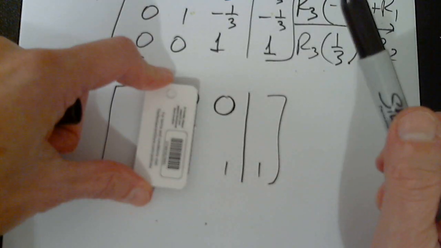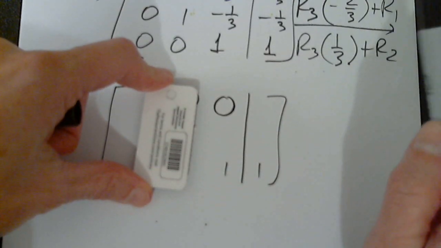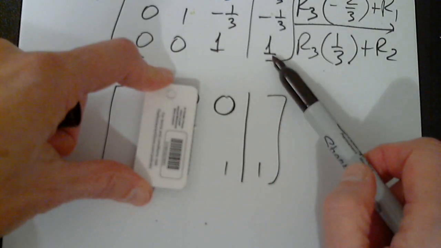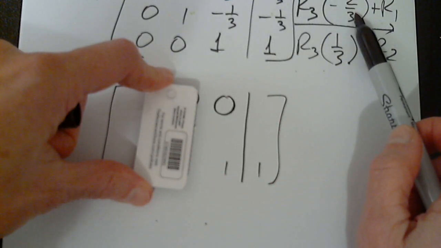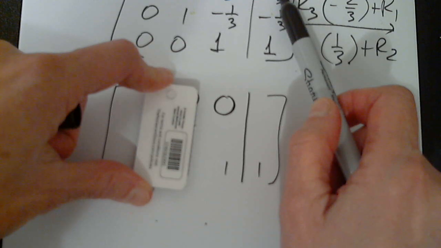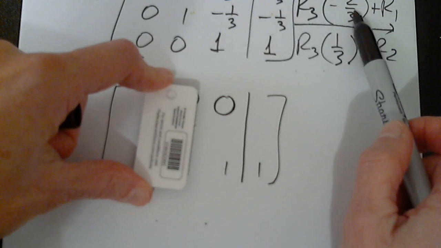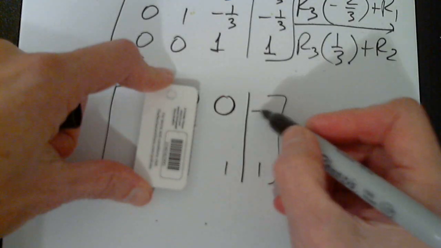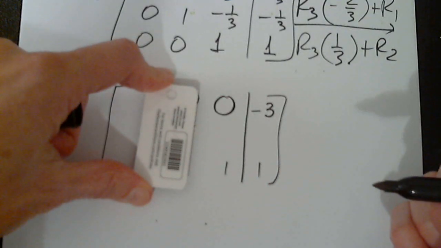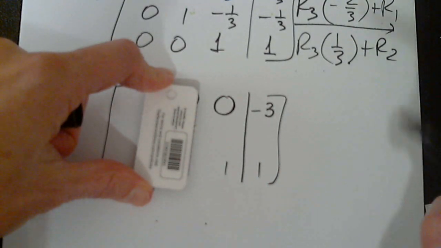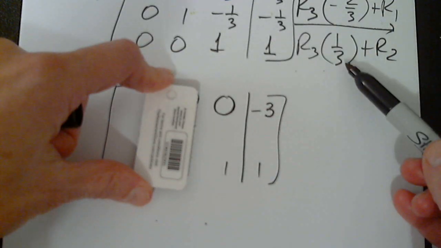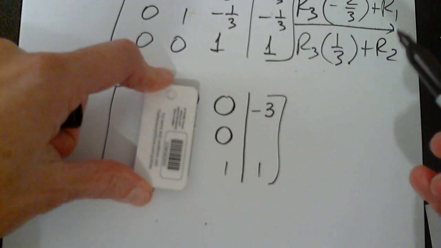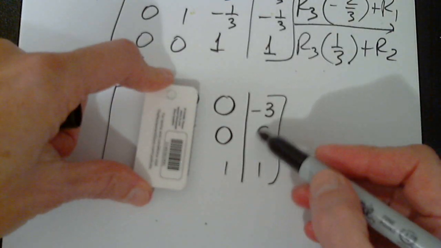Sorry, I didn't finish. 1 times negative 2/3 plus 2/3. 1 times negative 2/3 minus 7/3. Negative 2/3 minus 7/3 is negative 9/3. Negative 3. 1 times 1/3 minus 1/3. 0. 1 times 1/3 minus 1/3. 0.